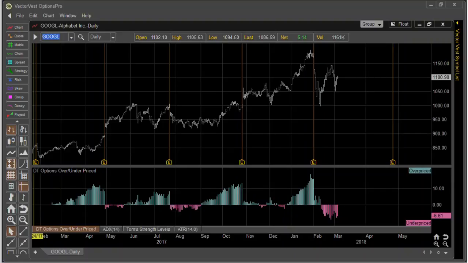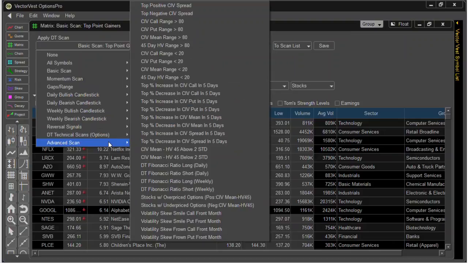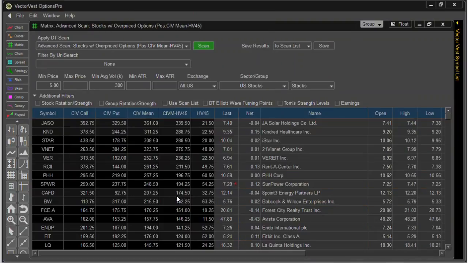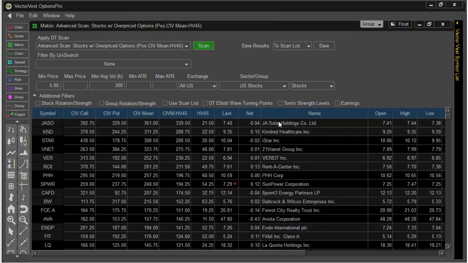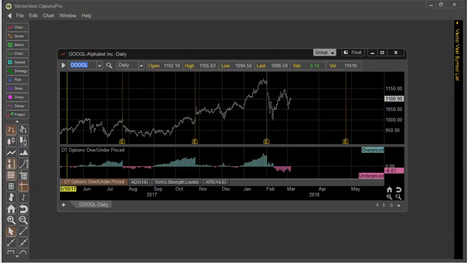So I'm with you and doing my best to hopefully at some point get an earnings date. When I pull up a matrix and do my scan for overpriced, it'll come up there and say earnings date. I know there's a little earnings check mark here, but that doesn't really do the trick. Yes, I would love for the matrix to do that, and I've requested that heavily.